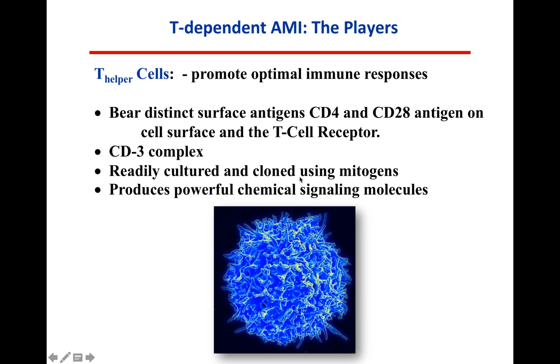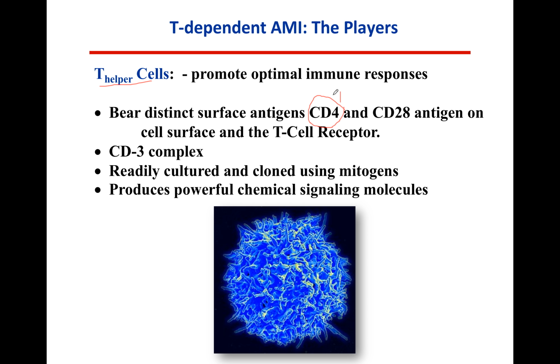They can be readily cultured and cloned using mitogens. So these are activators. These are ones that cause mitosis and activate the cells to divide. And they also produce powerful chemical signaling molecules. One of the things I do want to make sure you understand is that these T helper cells are also referred to as CD4 positive cells.